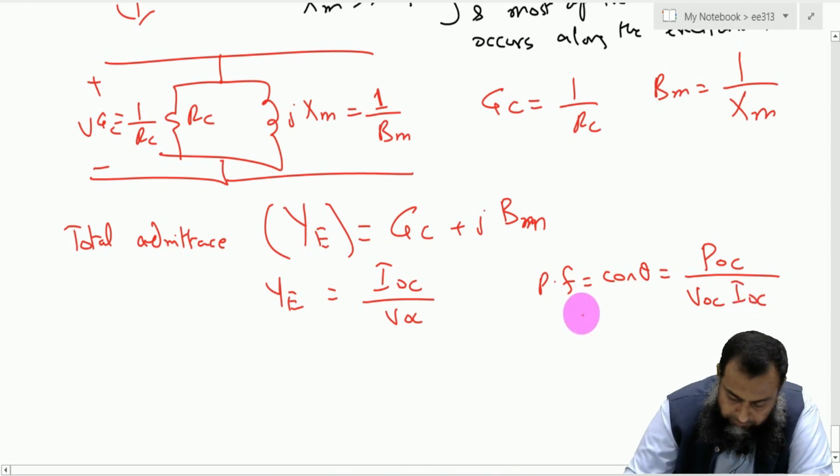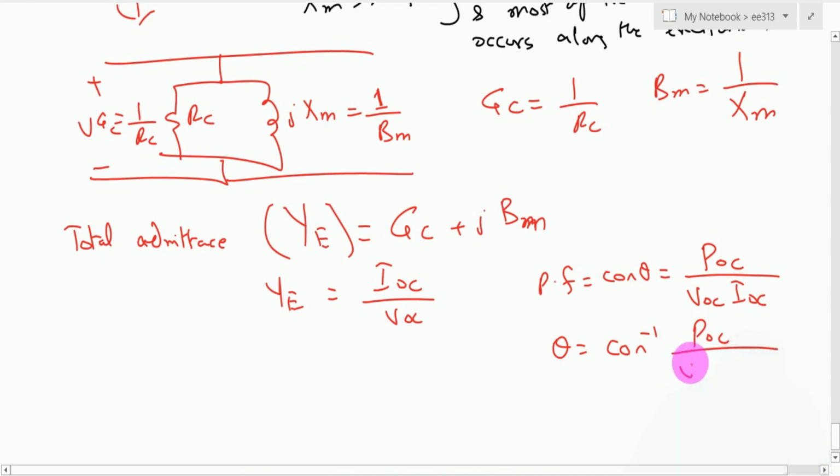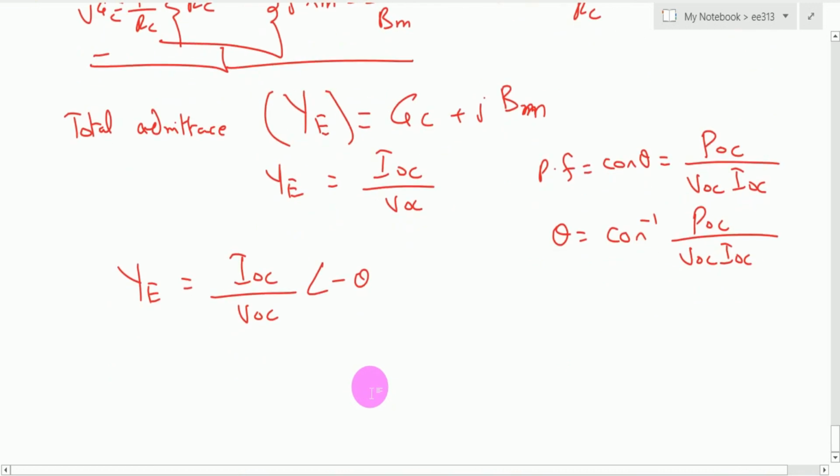So theta is equal to cosine inverse of POC divided by VOC times IOC. So YE is equal to IOC divided by VOC at an angle of minus theta, right? Based on this, we get that 1 over Rc plus j 1 over Xm is equal to IOC over VOC at an angle of minus theta.